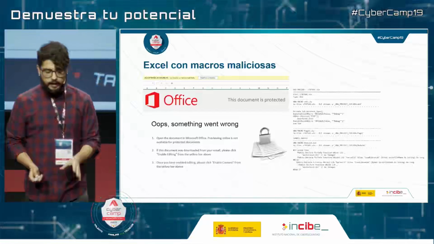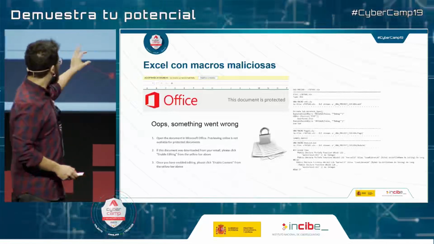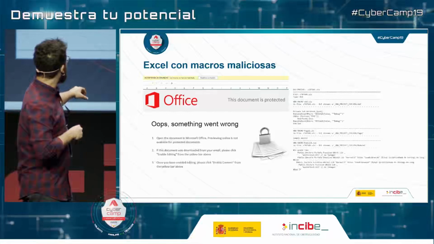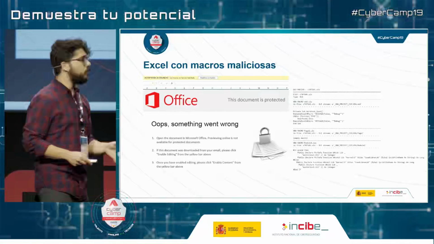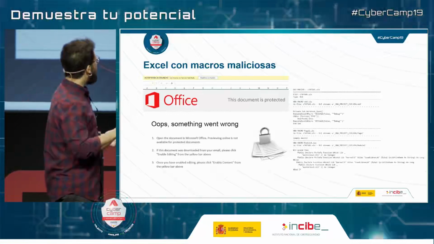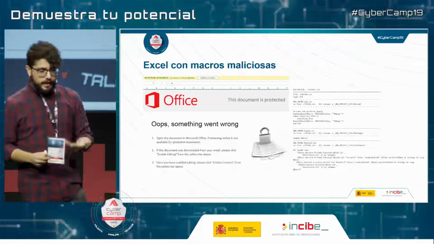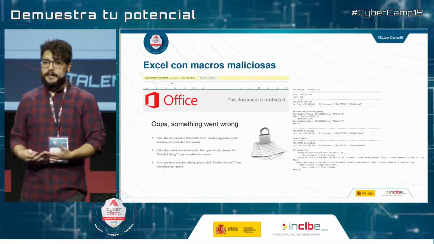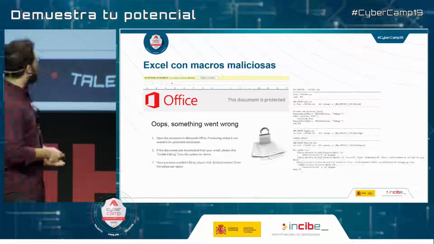This is one of the documents I could obtain from the campaign, a document that fakes legitimate content. The document is asking us to enable the macros in order to execute the malicious content. I extracted the macros, all this code that you can see here, and I went to my laboratory equipment and checked if this was doing what it was supposed to do.